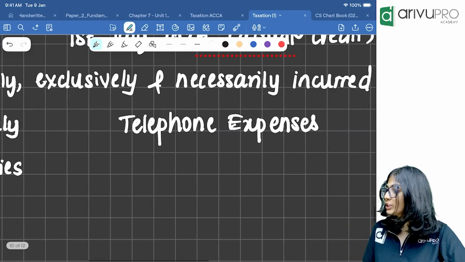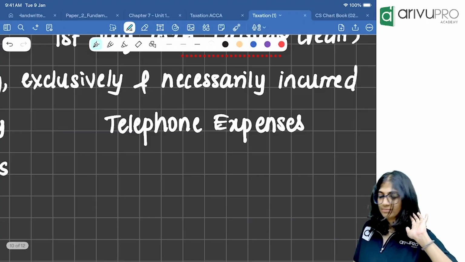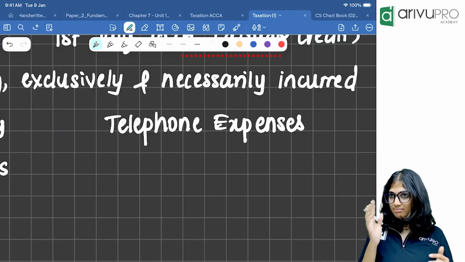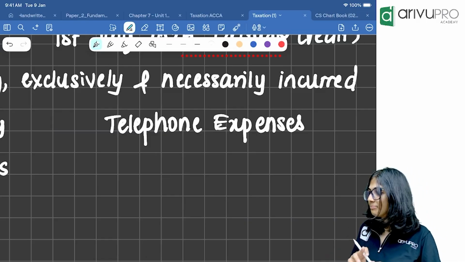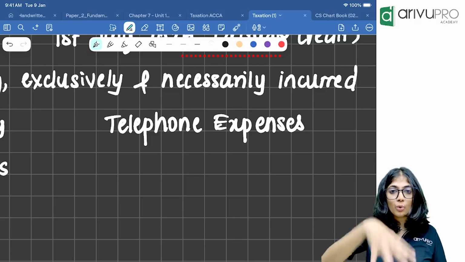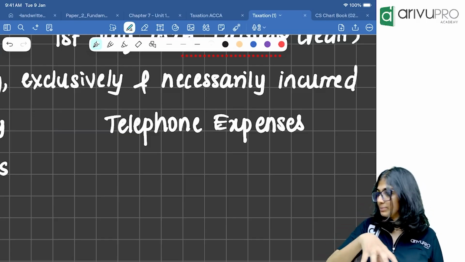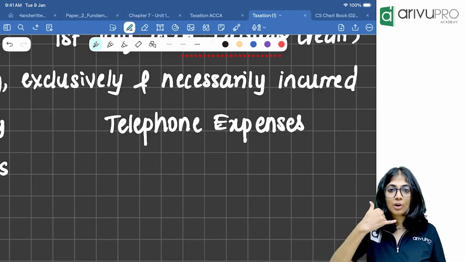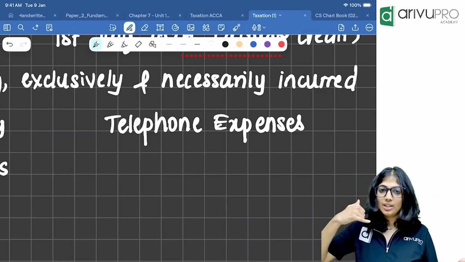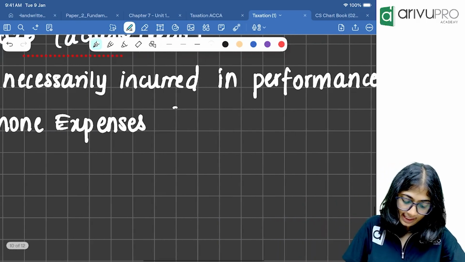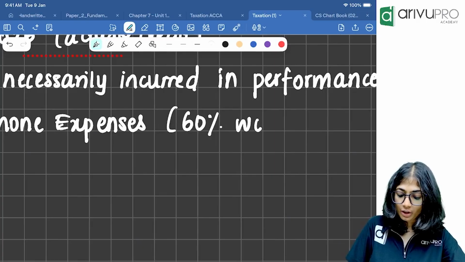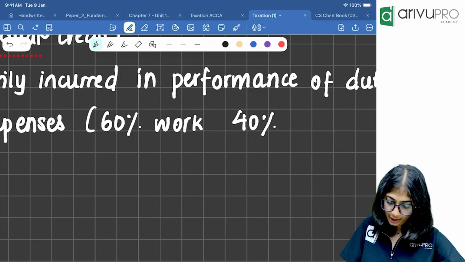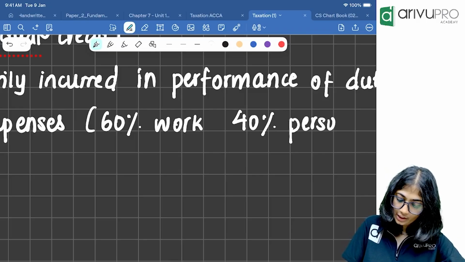For example, you are using your own home telephone. Let's say you're back in 2004 and you are probably a baby by then, but let's just say that telephone expense, you are using your own telephone or your own smartphone at your own home, right? And you're recharging all the work calls you are attending from that phone. Now, let's say 60% of it you are using for work, rest of the 40% you're chatting with your girlfriend or boyfriend or whatever friend you have. That is for your personal use.